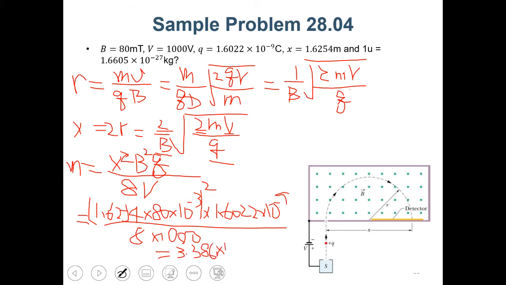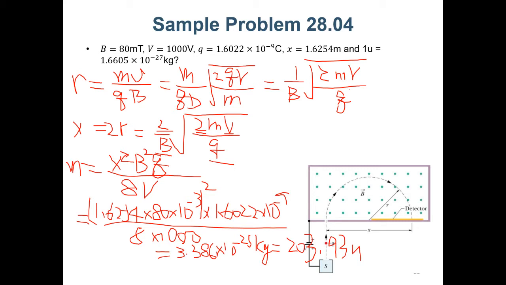So finally, mass should be 3.386 times 10 to minus 25 kilogram, which is 203.93 U, which is approximately 204 protons or neutrons.